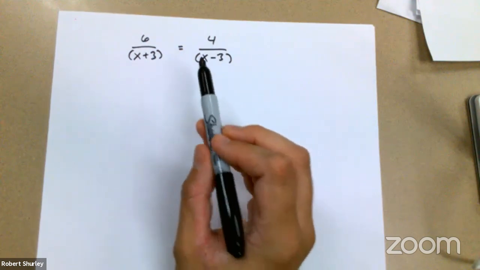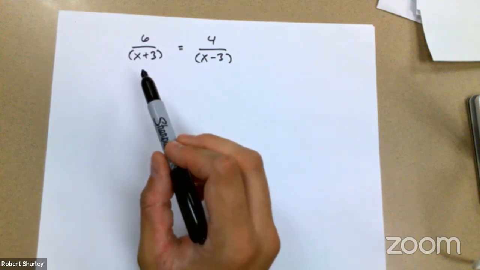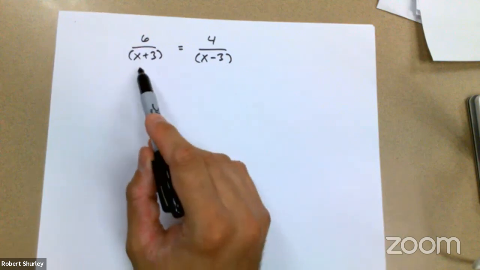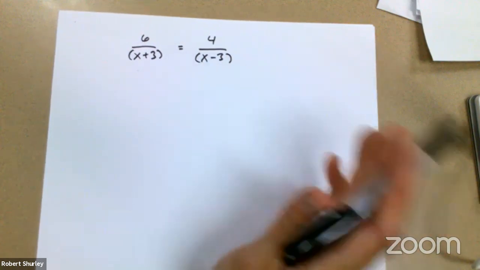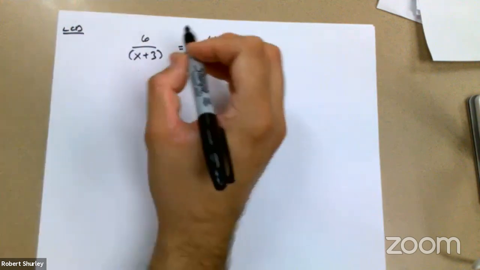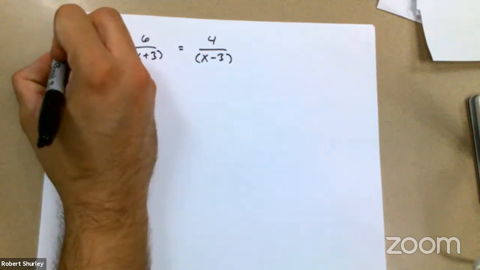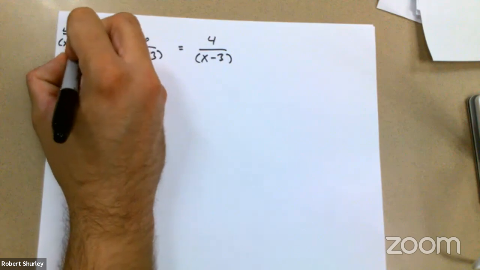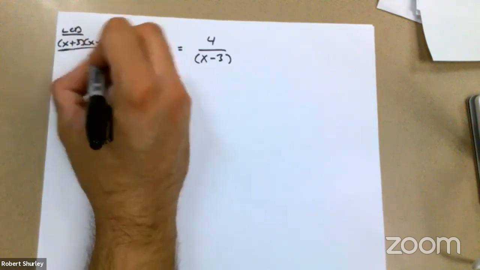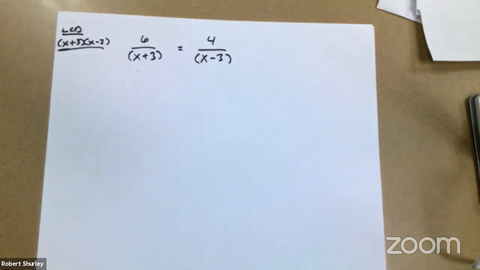So we just have two distinct denominators, like 7 and 2. They're just distinctly different. So to find the LCD, I actually just have to multiply them together. But when I do that, I'm going to leave them in this factored form, just like we did with the complex fractions.